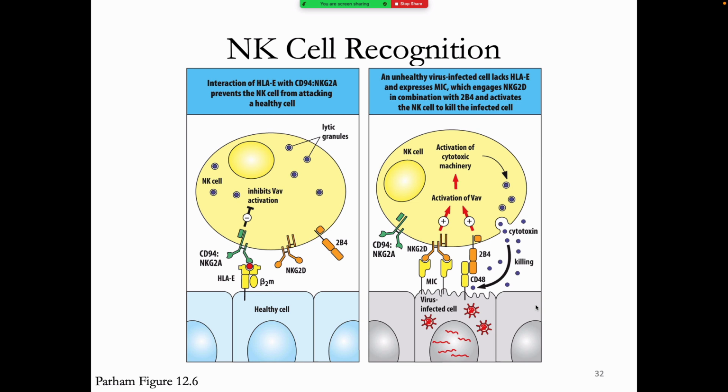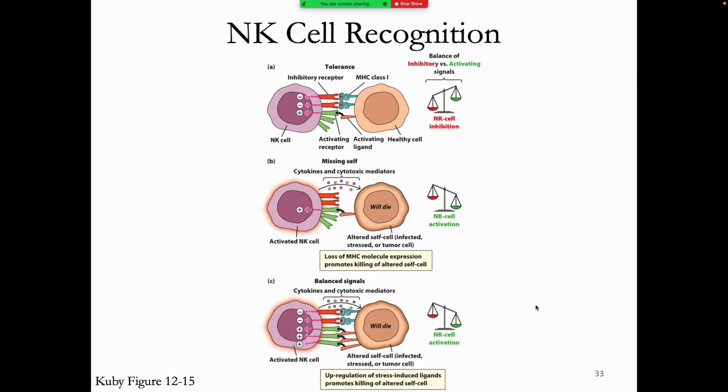In reality, it's sometimes messier than this, because this is showing we have the inhibitor and no activator, or we have the activator and no inhibitor. In real life, sometimes cells will have some of both. And really what the NK cell is doing is it's actually kind of adding up its inhibitory and activating signals.